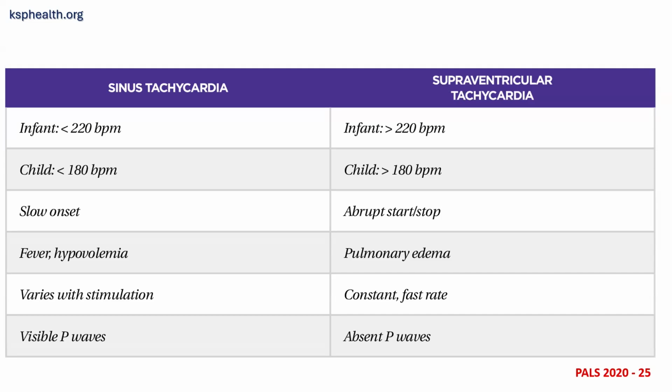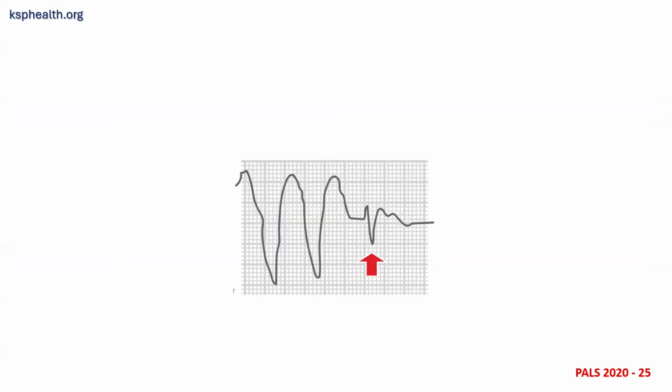Sinus tachy is associated with fever and hypovolemia. SVT, if it is of longer duration, is associated with pulmonary edema. Sinus tachy varies with stimulation. SVT is typically a constant fast rate. In sinus tachy, you will see P waves. In SVT, the P waves are absent or buried.